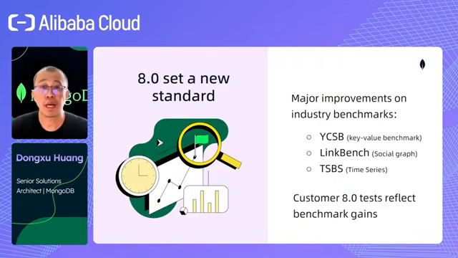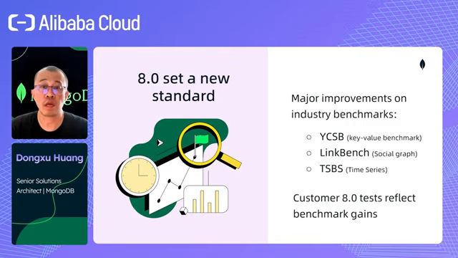So let's take a look at what we achieved in performance. One simple way to show the big picture is to look at the industry standard benchmarks. We run these every year to compare the performance across versions, and they highlight how we have improved read and write scalability and availability, as well as the performance on specific workloads.